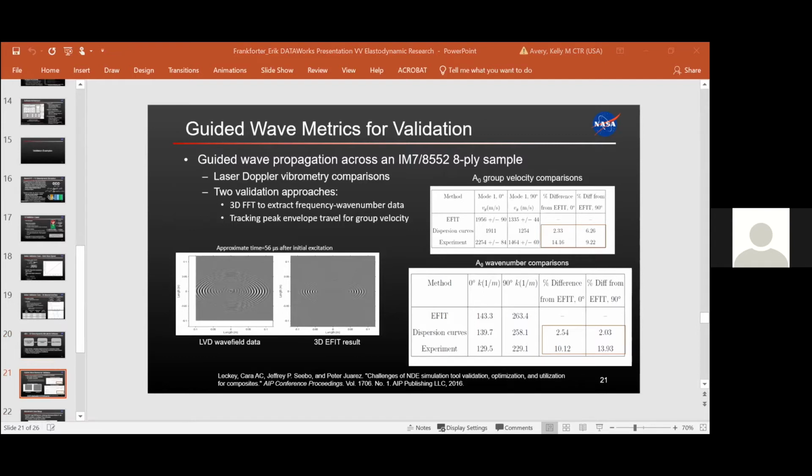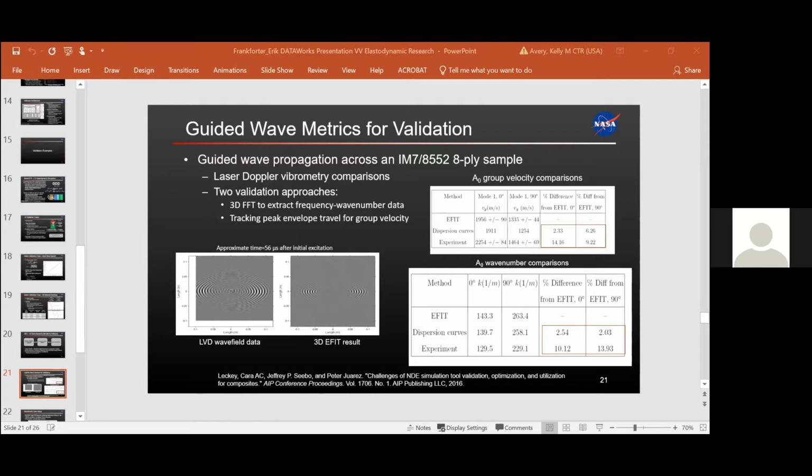In this case, we're looking at guided wave propagation. These are flat plate models, looking at waves that are guided along free surfaces, propagating lateral to the plate. We have laser Doppler vibrometry comparisons for analytical validations, and then we use a 3D FFT to go from time-space to frequency-wavenumber data.